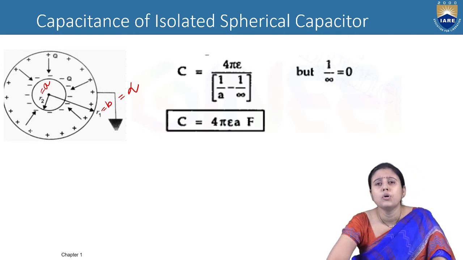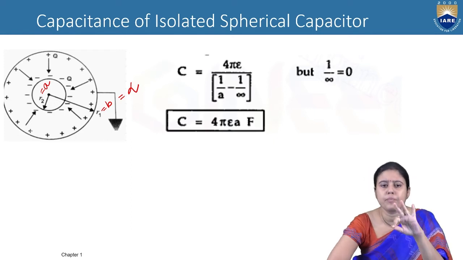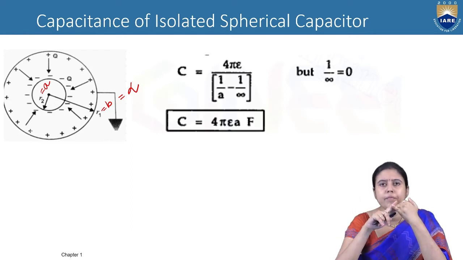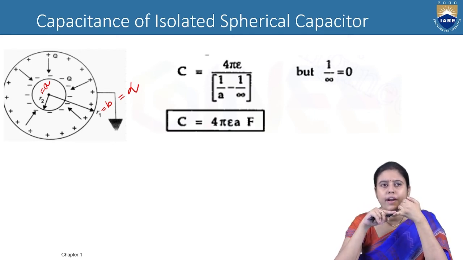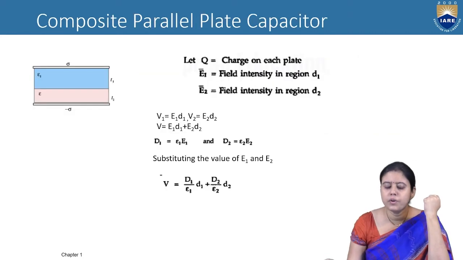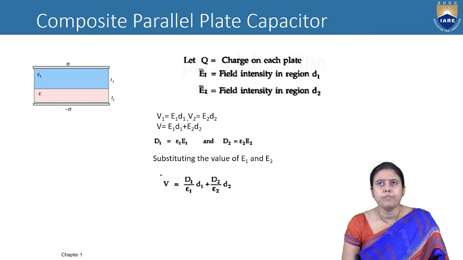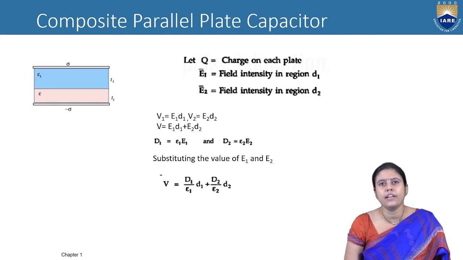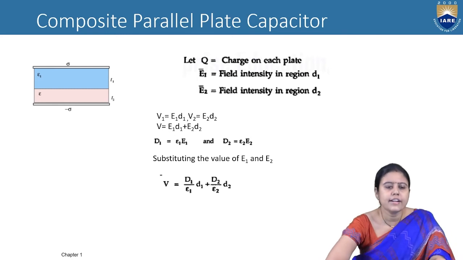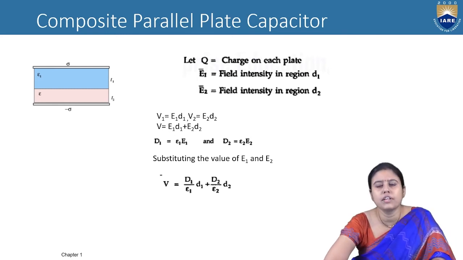So till now we have studied three types of capacitor: parallel plate capacitor, coaxial capacitor, and spherical capacitor. In the case of the parallel plate capacitor, we will now read about the composite parallel plate capacitor. What is the meaning of composite parallel plate capacitor? Let's think about the underground cable.